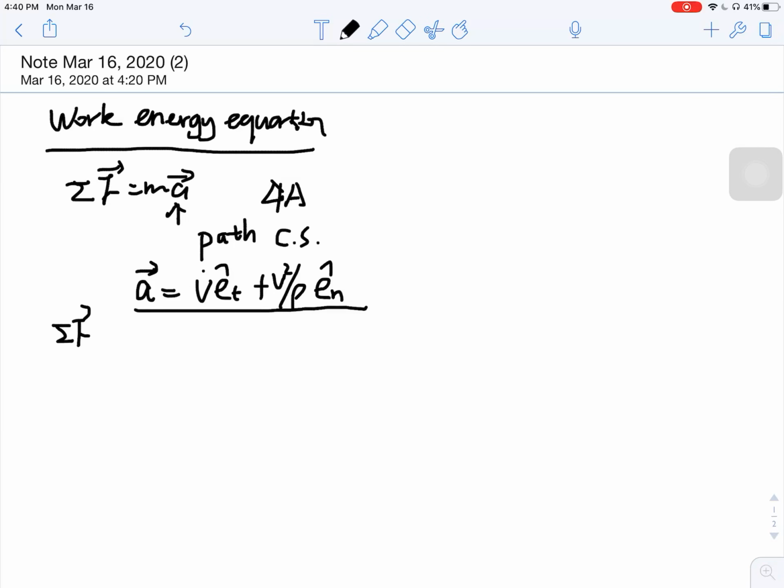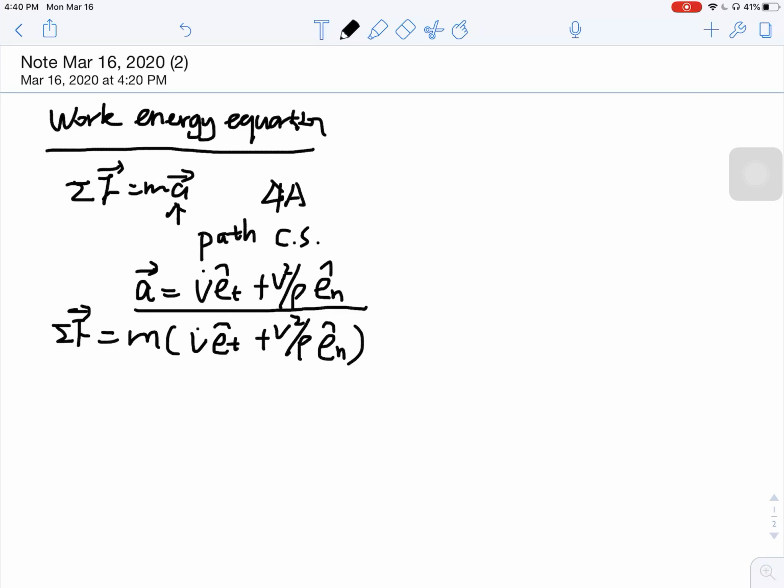Forces equals m, that's the mass, times v dot et hat plus v squared over rho en hat. Now, this acceleration has two directions.